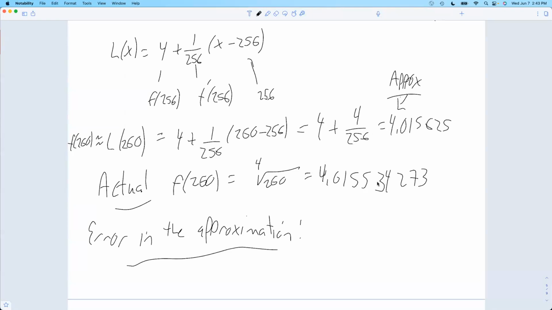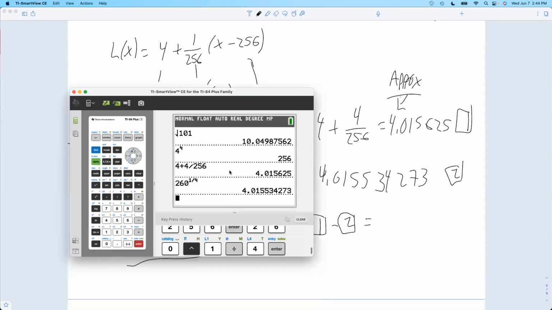So if I wanted the error in my approximation, I would just do that minus that. I don't feel like rewriting all those down again. Top one minus the bottom one. I'll type it out so you can see me type it. So I'm just going to do 4.015625 minus the last answer.